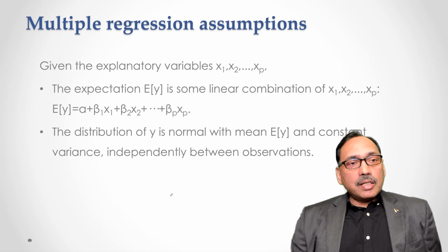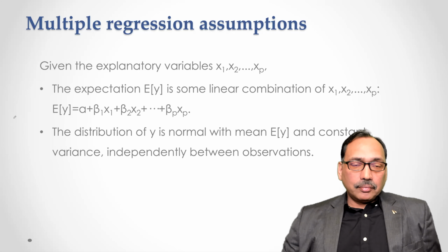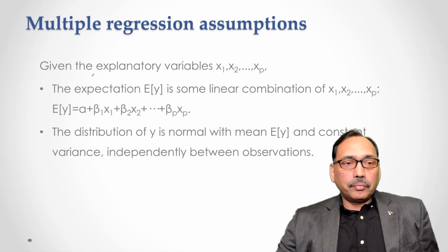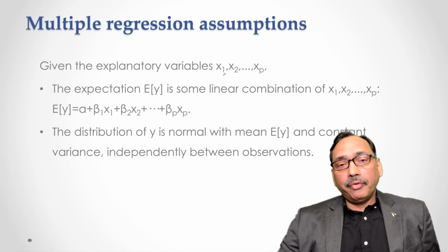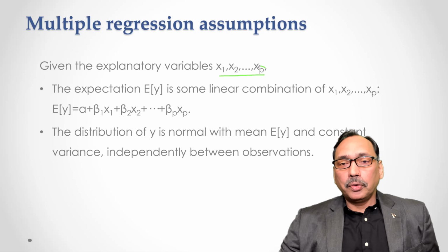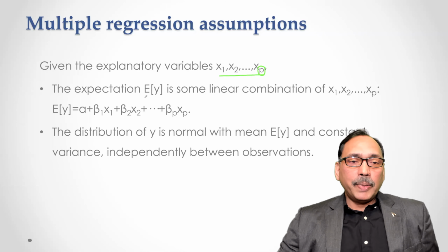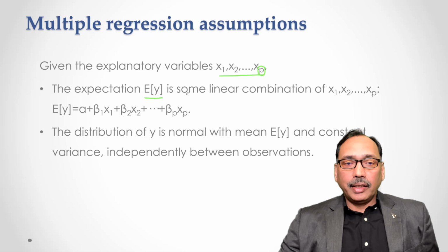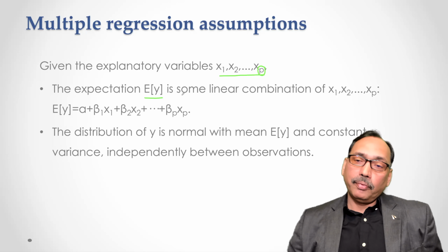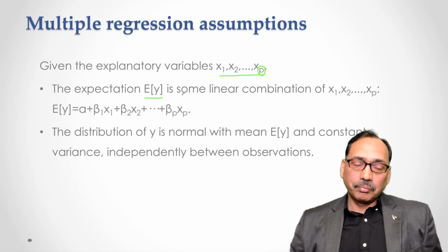Okay, the assumptions for multiple regression. Mainly two here. For given explanatory variables X1, X2 up to Xp, when you have the number of predictors as p, the expectation E(Y), or the average of Y, is some linear combination of X1, X2 up to Xp.